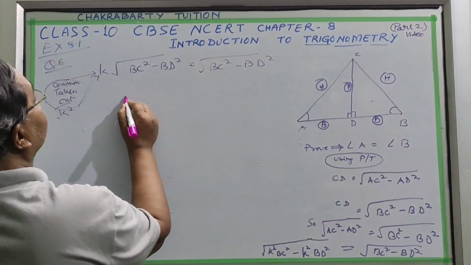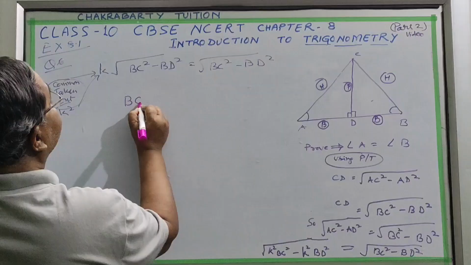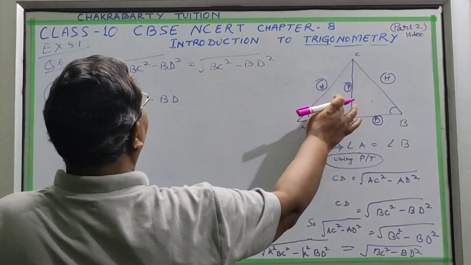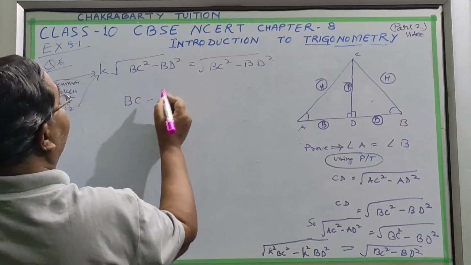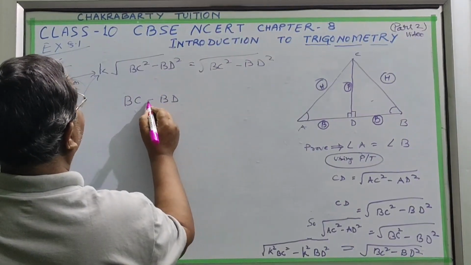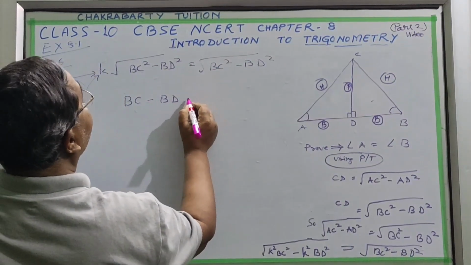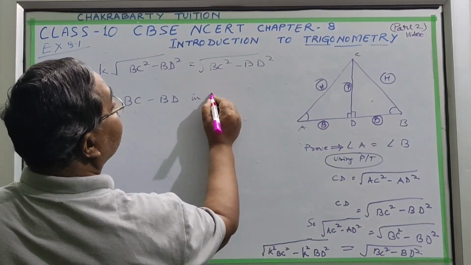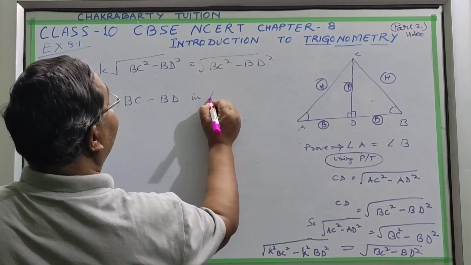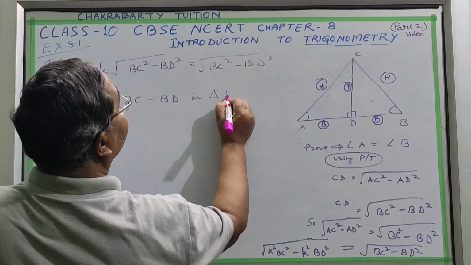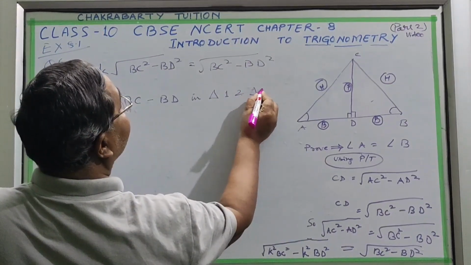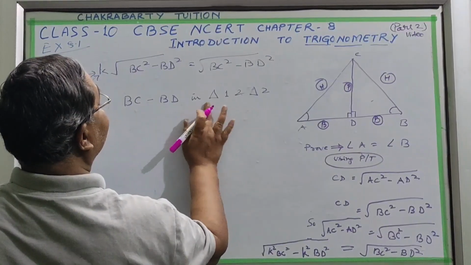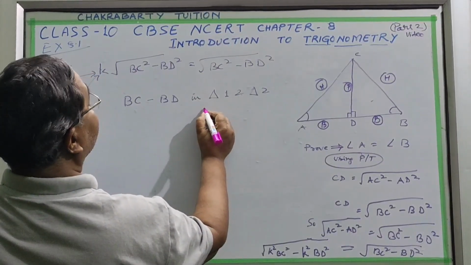So what happened? If we have proved it, it means BC minus BD are equal. BC minus BD, in both triangles, in triangle 1 and triangle 2, it is the same.